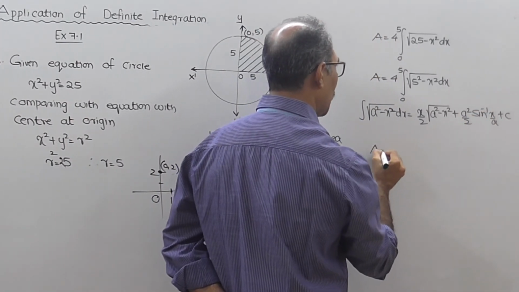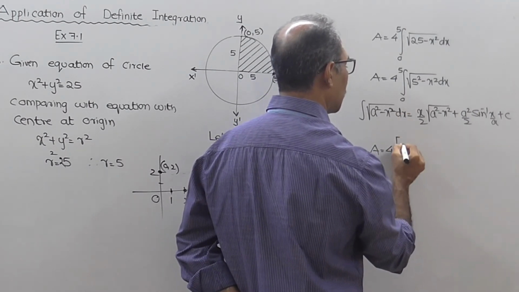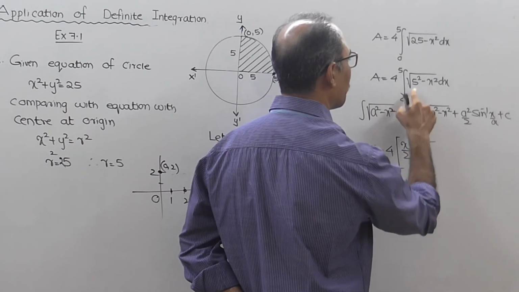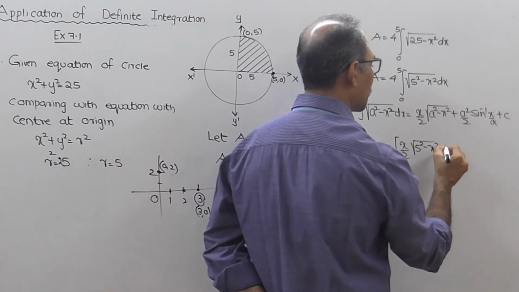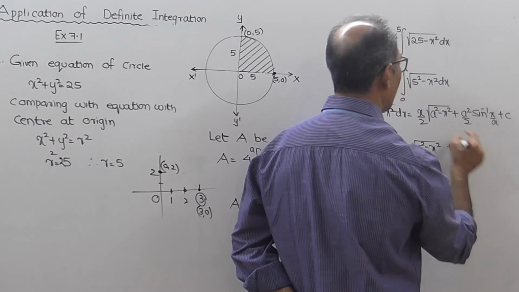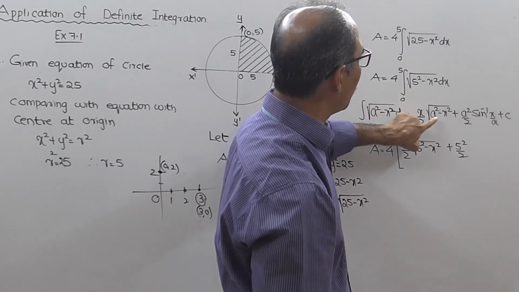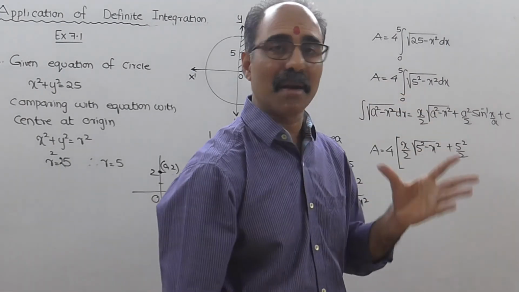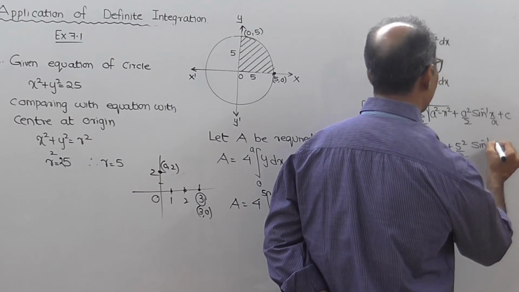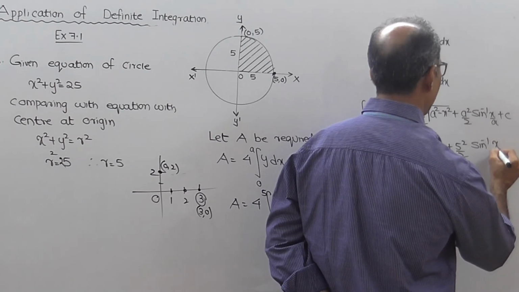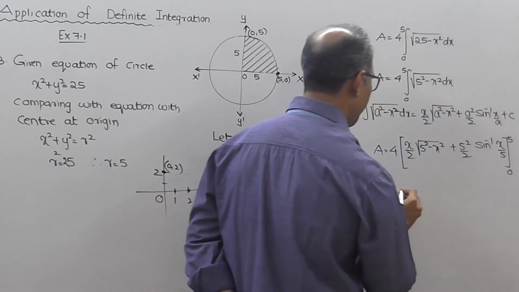So my area will be equal to 4 times x upon 2 root of, if you compare, my a is 5, so this will be 5 square minus x square, plus 5 square upon 2 sine inverse of x upon 5, bracket close, and this will be 0 to 5.